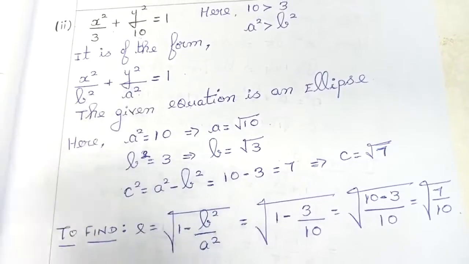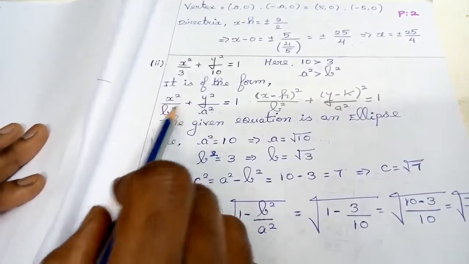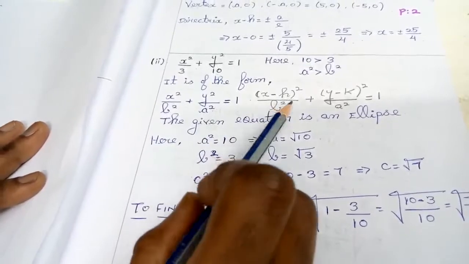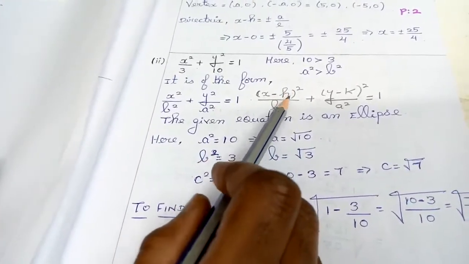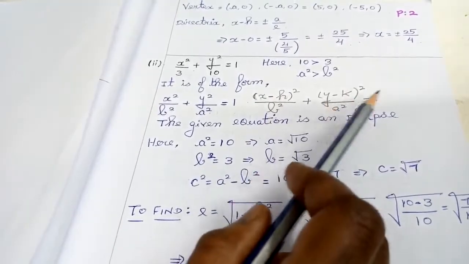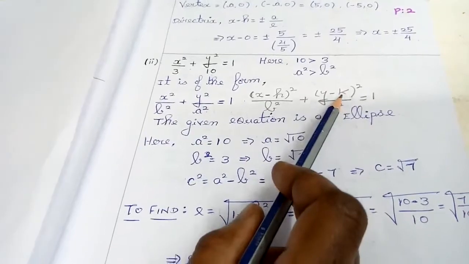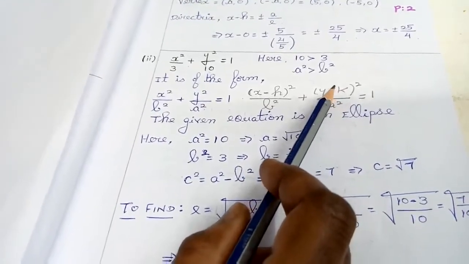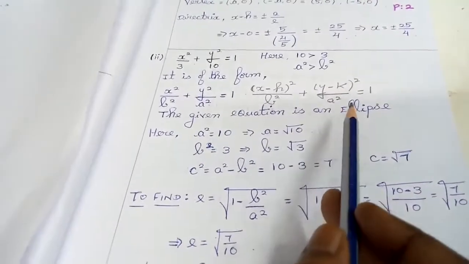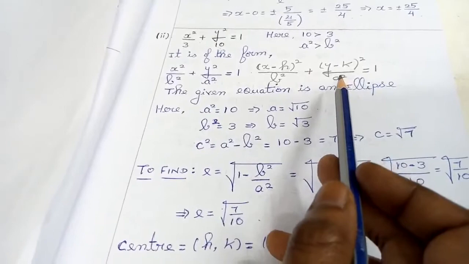This can also be written as x minus h the whole square by b square plus y minus k the whole square by a square equal to 1. If you observe here h, k, you are not having the values here, students, so automatically it is considered to be 0.